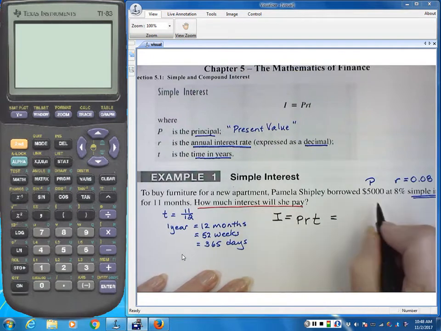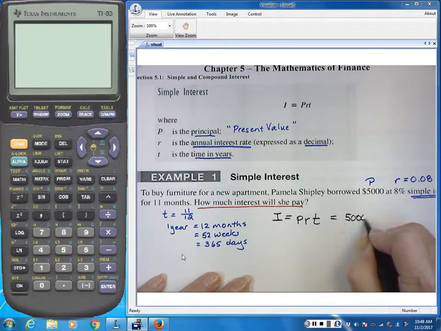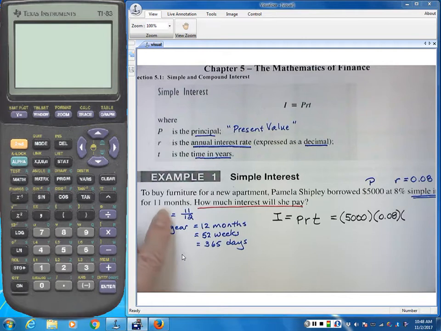So since our principal is $5,000, and our interest rate is 0.08, and her time is 11 months, you put in 11 divided by 12. There's no need to change that to a decimal. And then you hit the calculator. So this is the part where you're just going to do some arithmetic.